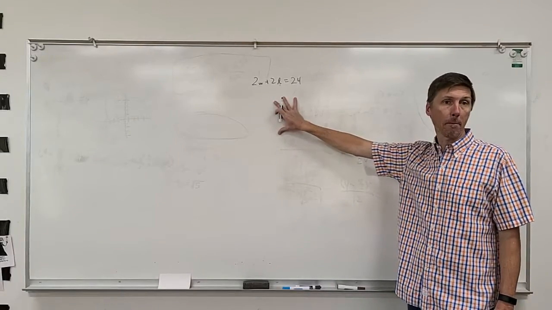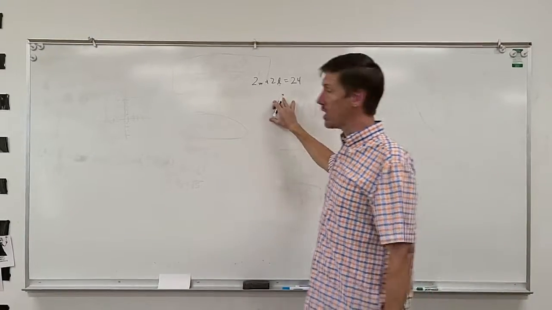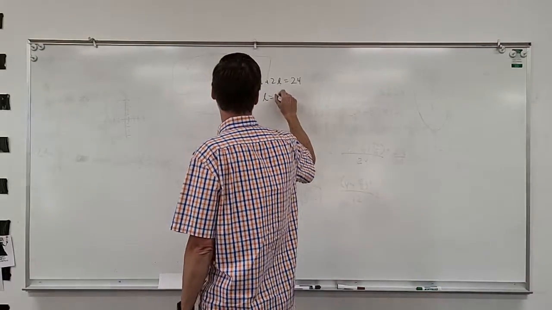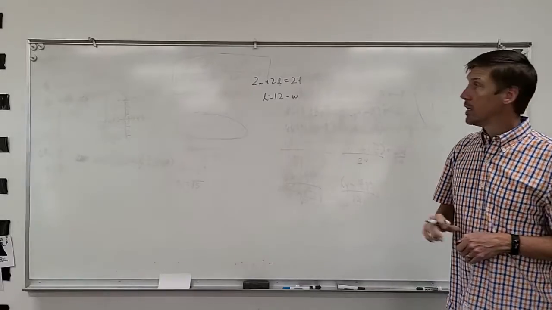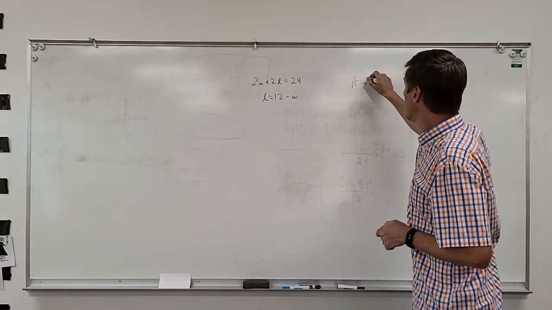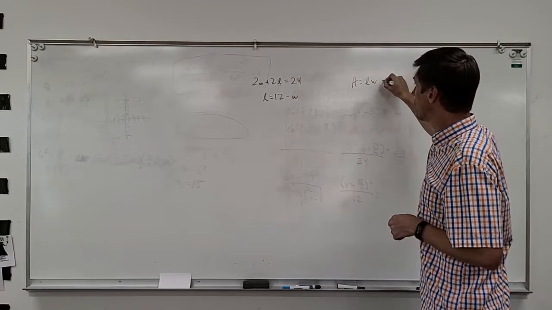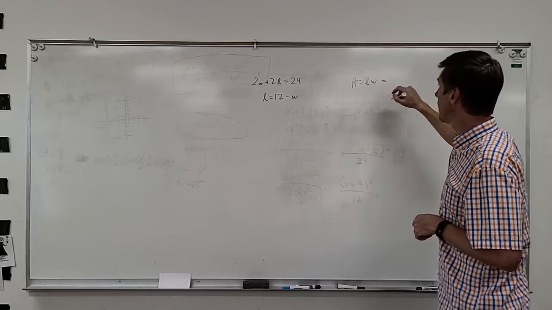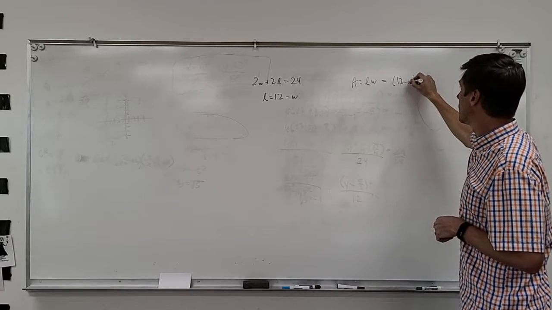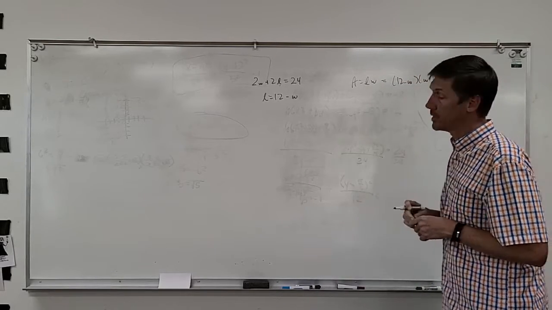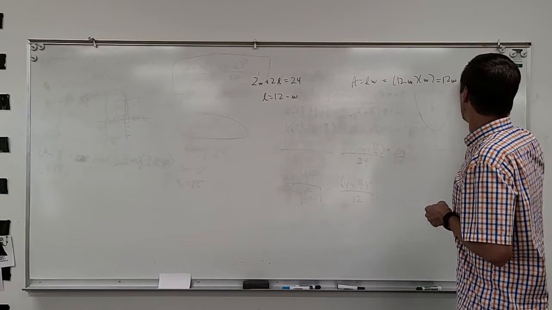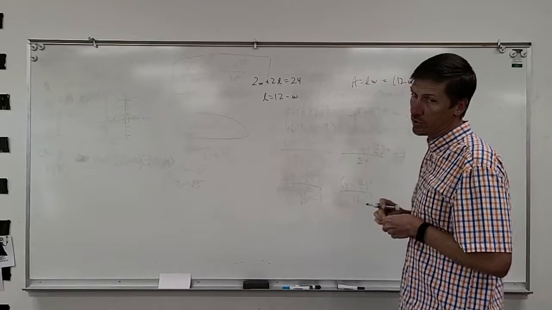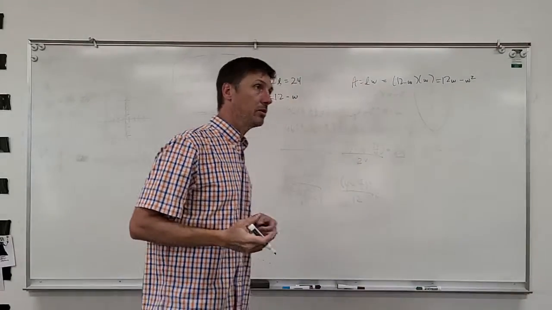Does everybody agree with that? If we solve for L, we get L equals 12 minus W. The area of the rectangle equals L times W, so we plug in 12 minus W for L and get 12 minus W times W, which equals 12W minus W squared.